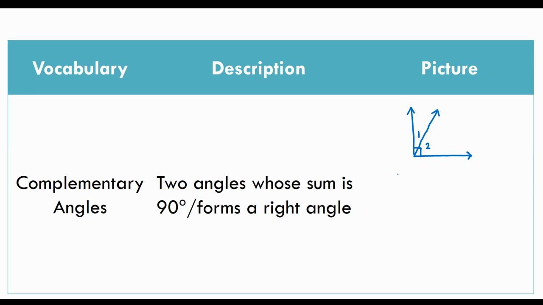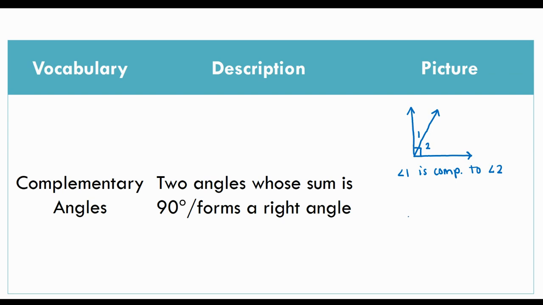So I would say that angle 1 is complementary, which I abbreviate as comp, to angle 2. Because once again, if I add angle 1 and angle 2 together, it will indeed add up to 90 degrees because of how I have it marked in my picture.